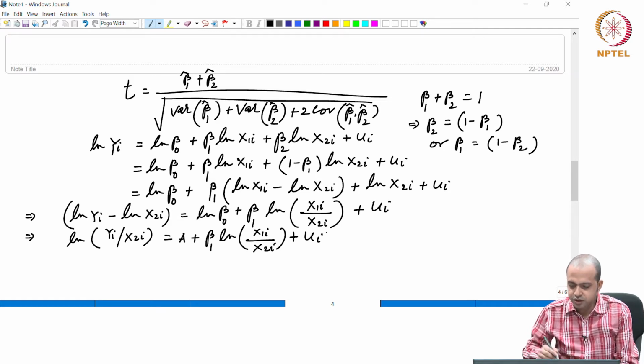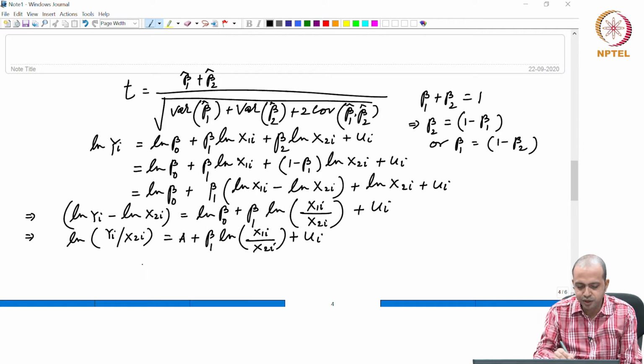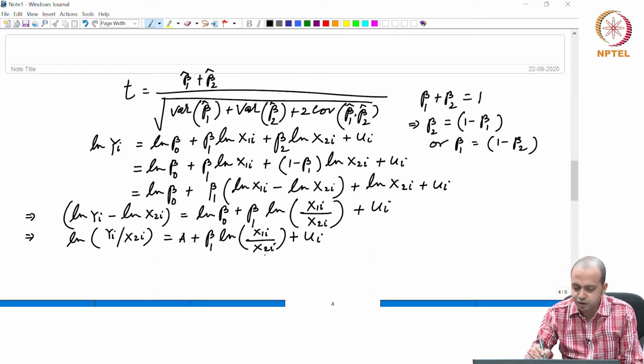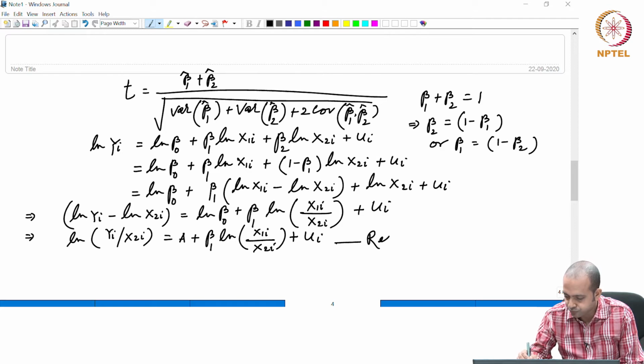So, from this equation I can say that output per unit of capital is a function of labor per unit of capital. And this equation is called the restricted equation, the restricted model.